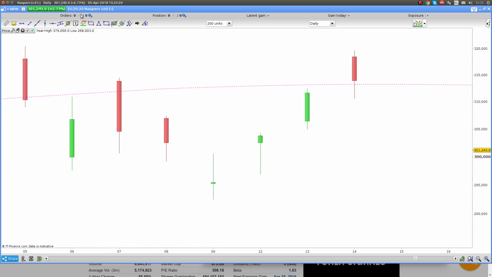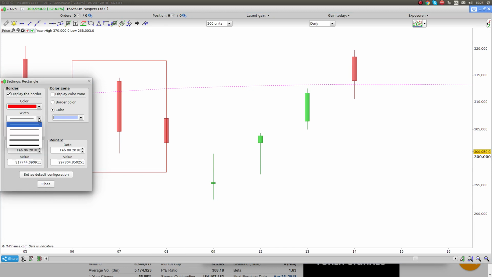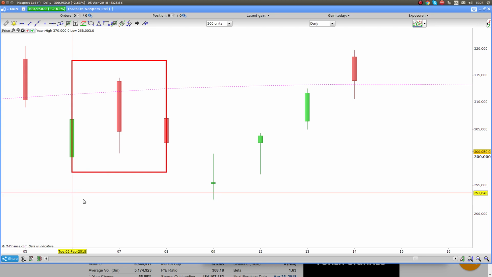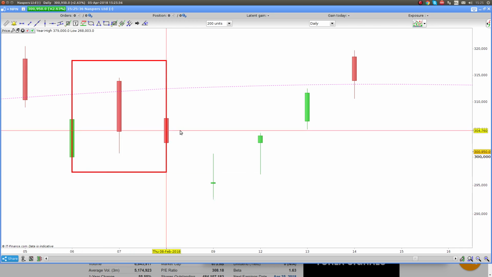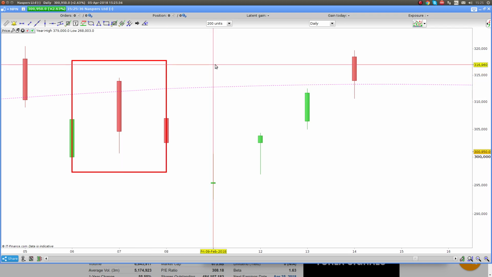We'll start with this candle here, and I'll just block it white. This is the one we're going to focus on. Take that off, make that red, and just make it nice and thick. Okay, so in between these two candles, this candle in the middle is what we're looking to go through.